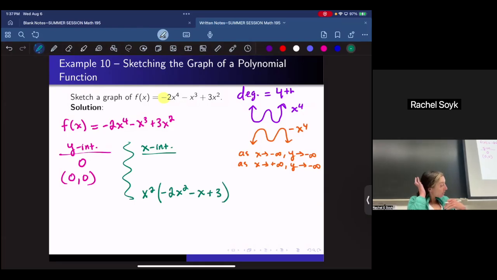And actually, what I might do, because I don't like having this negative inside for that leading coefficient, is pull out a negative x squared so that inside the parentheses it's going to be 2x squared plus x minus 3. You don't have to. I just personally think it's easier to factor when you do.